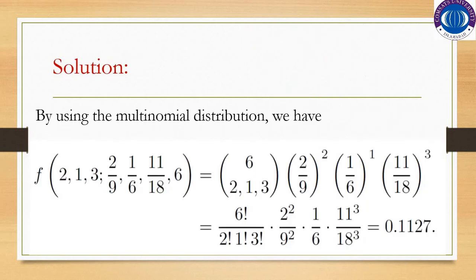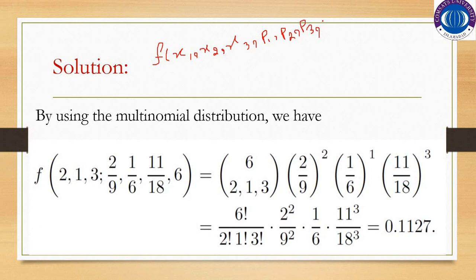So according to the probability mass function of the multinomial distribution, it would be f of x1, x2, x3, and p1, p2, p3 and n. I am writing in the same manner as it is written in the previous slide.